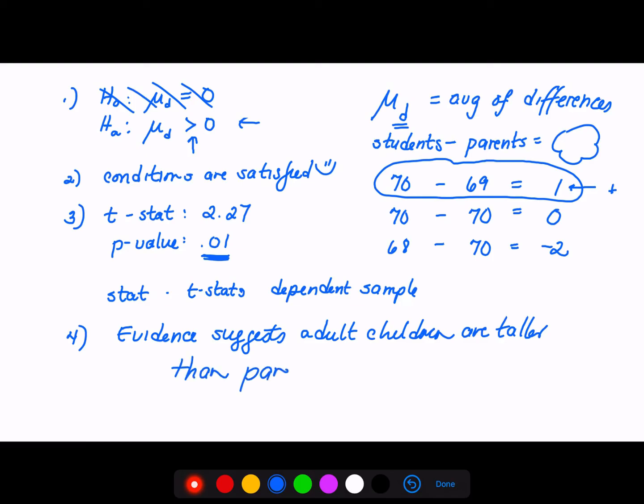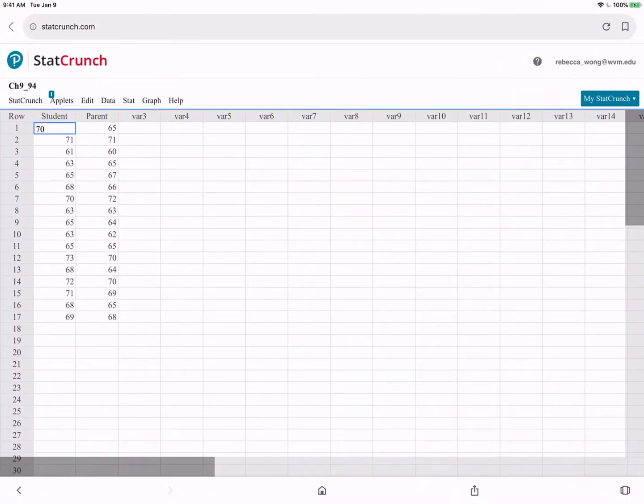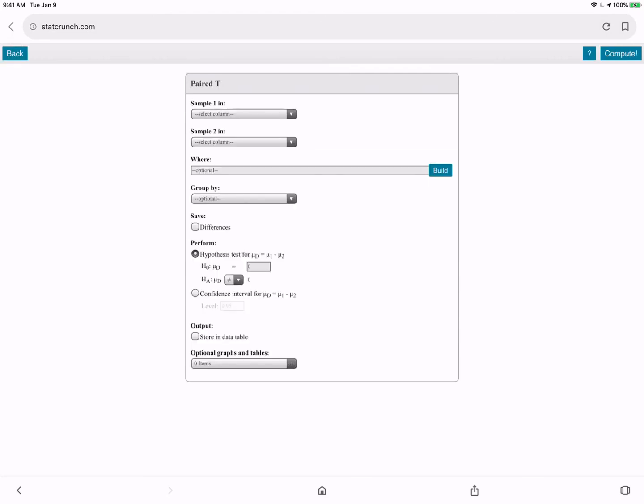So let me show you how to find that in StatCrunch, just to confirm how to find the test statistic and p-value using this path. So you're going to come to Stat, T-Stats. We have a paired sample. Sample 1 we're going to use for students. Sample 2 we're going to use for parents. You may wonder, if you reverse them, would it make a difference? The only thing you would have to make sure you did if you reverse them is make sure you thought out what sign you want in your alternative hypothesis.